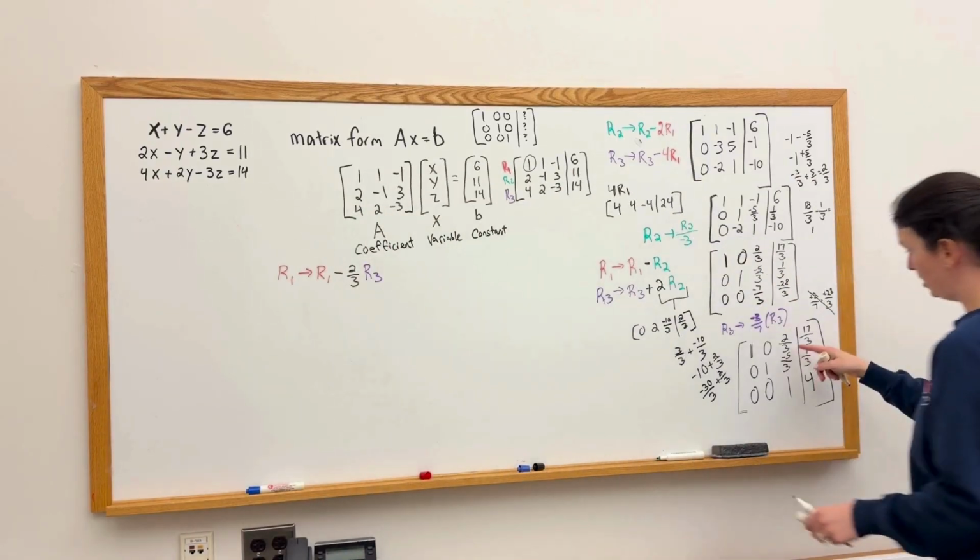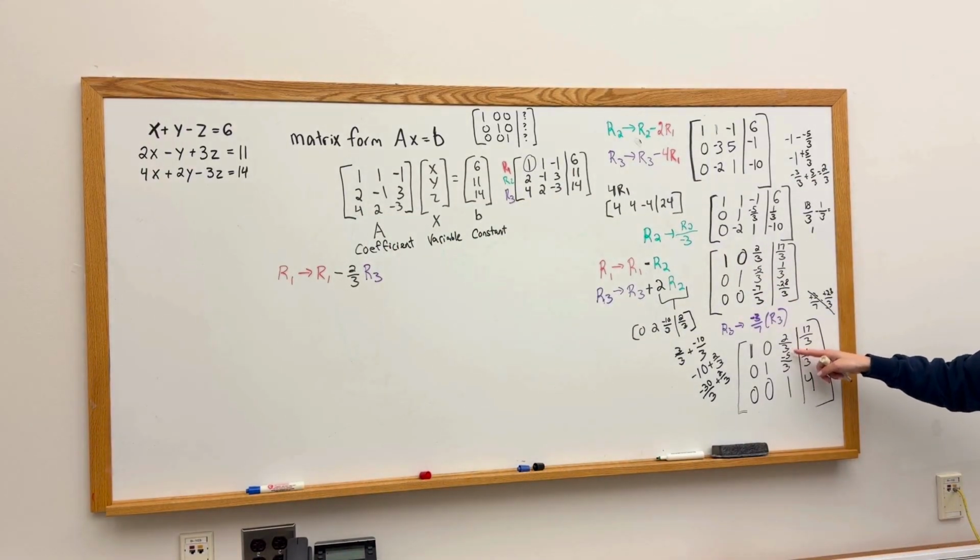Because we have 2/3 here, and if we subtract 2/3 times 1 here, that'll get us the 0 we want.